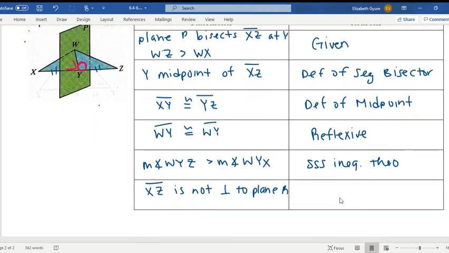But I would probably just give one of those, whichever one you feel more comfortable with, whichever one you like better. You could say definition of perpendicular lines, or you could say perpendicular lines form congruent adjacent angles. I would accept either one of those as an appropriate reason. Again, it's saying it's not, but that's how you would know.